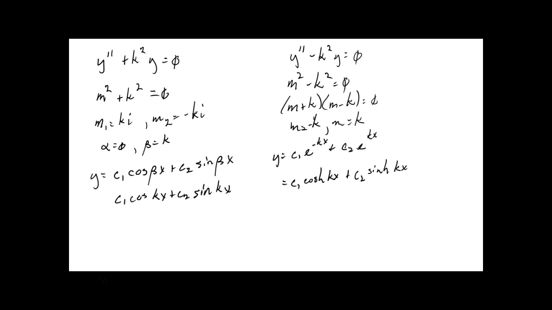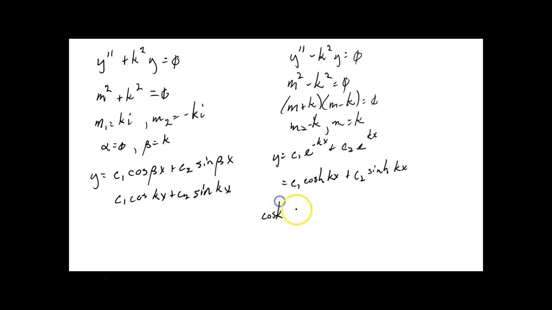Some of their identities are somewhat similar. None are completely similar. There's always one or two sign changes that will be showing up in weird places, but they just give them that name. In reality, the hyperbolic sine, I'll do the cosine first.